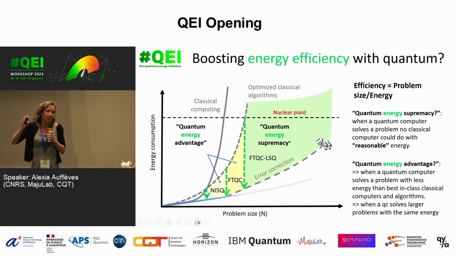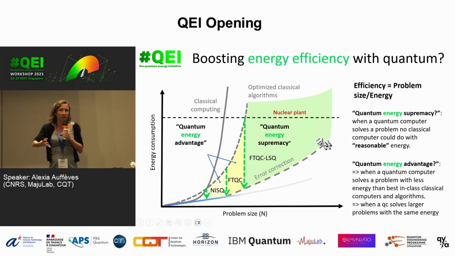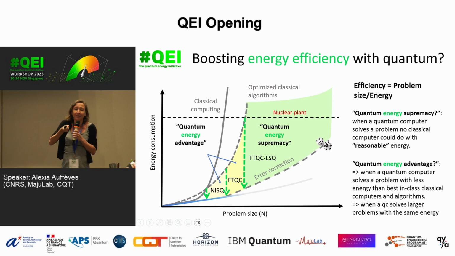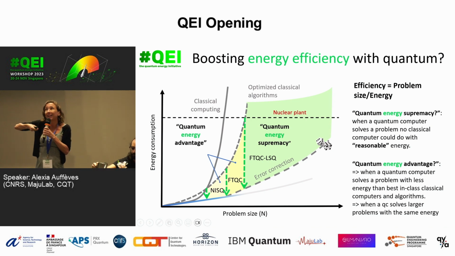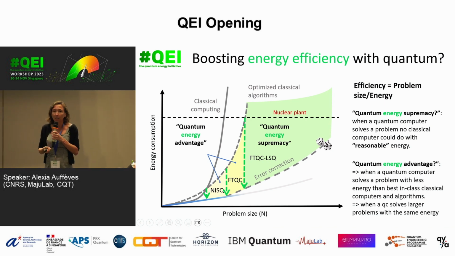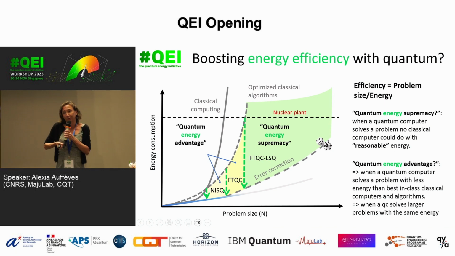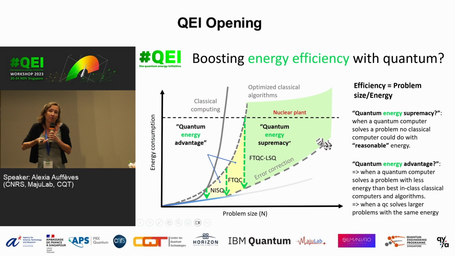So one incentive of the community we are currently building is to study if, instead of running after a quantum computational advantage, we couldn't run after a quantum energetic advantage. Meaning, can we develop machines where the quantum computer would compute with less energy than the classical? So this would lead us to have at our disposal a quantum energy advantage and possibly quantum energy supremacy.